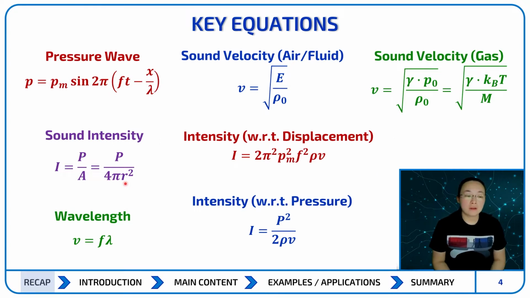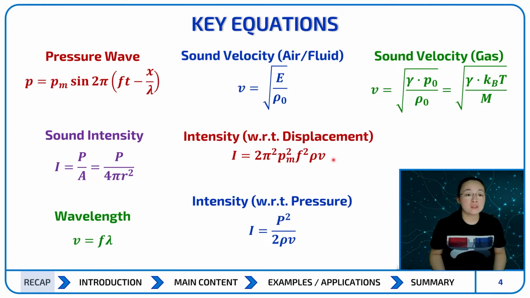We also spent a lot of time trying to figure out another way to represent intensity. So if you don't have P or R, for example, and you're told to solve for intensity, here's another equation that you can use. Maybe you're given the maximum amplitude of the wave, maybe you're given the frequency, the density, and the speed of the wave as well.